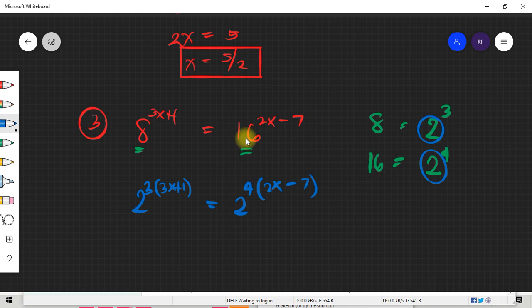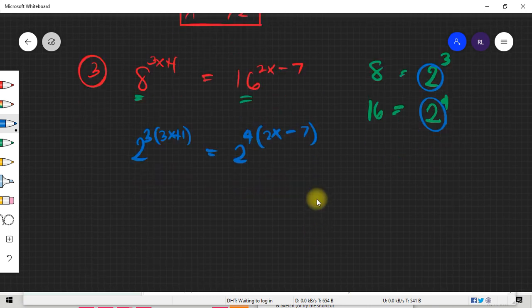Since they are in the same base now, we can make an equation of the exponents. We'll have 3 times 3x plus 1 equals 4 times 2x minus 7.